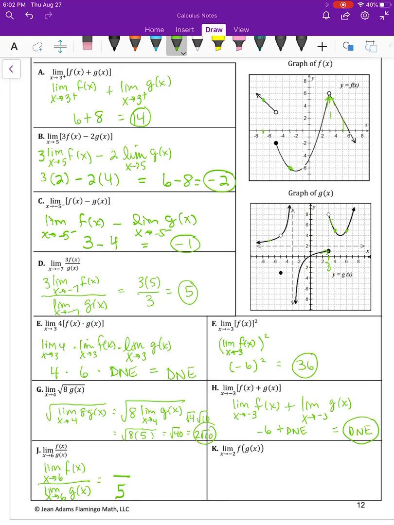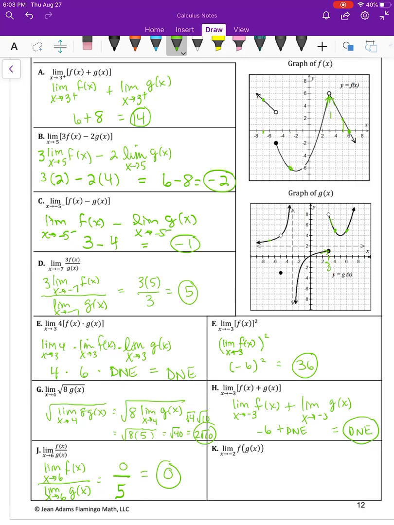For this one, when I approach 5, I get 2. I'm wondering why it doesn't match the answer I got when I did it on my own. It's because I approached 5 instead of 6. So anyway, on f of x, if I'm approaching 6, I get 0. Sorry about that.